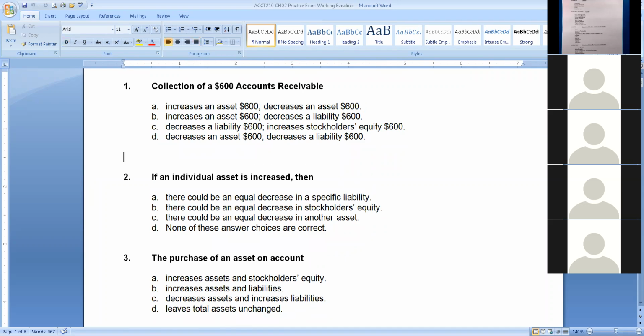A lot of these first ones really kind of beat up what they call the balance sheet equation.